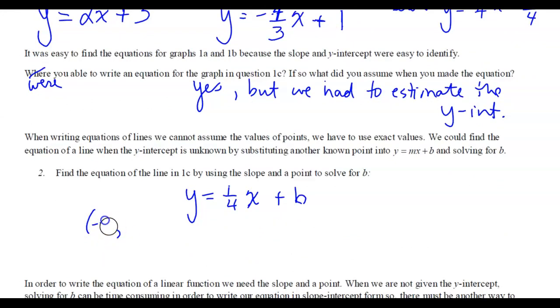Oops, 1, -1, not -1. I'm going to substitute that into my equation because every point on that line has to satisfy the equation. So when I put -1 in for y, 1 in for x, I can solve for b so that that point is on the line.